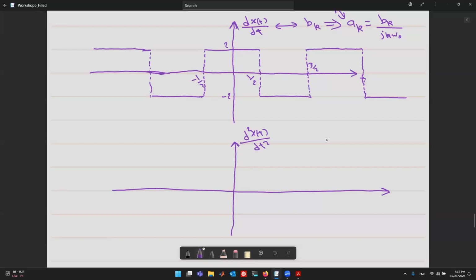The second derivative, here it will be zero, and here it will be zero, and here it will be zero. Wherever the function is constant, the derivative is zero. But here there's a change. The function is jumping from 2 to minus 2, and here it is jumping from minus 2 to 2.